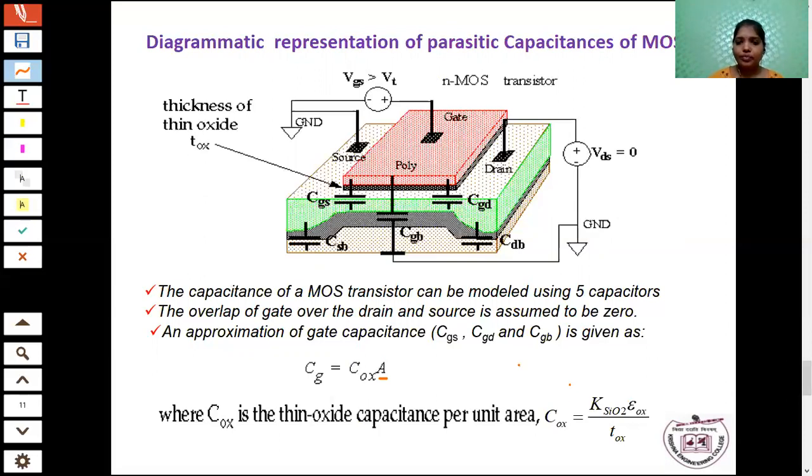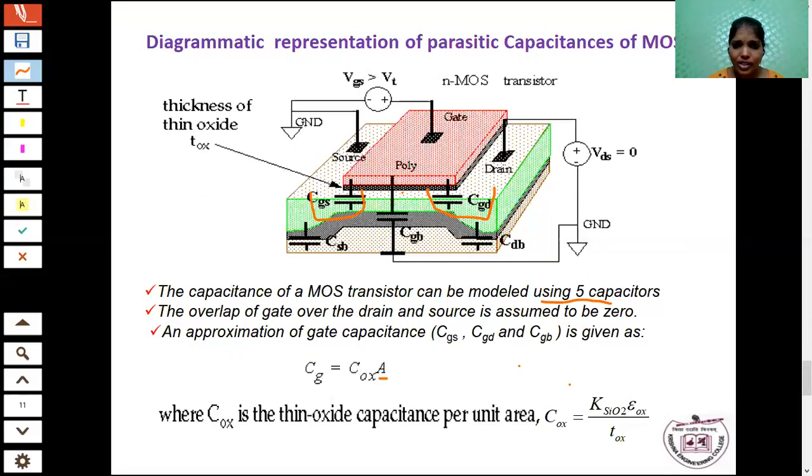Generally the capacitance of a MOS transistor is modeled using 5 capacitors. The overlap between gate and drain and between gate and source is assumed to be 0. That overlap is what we call parasitic capacitance. See here, this is the N region, for example in an NMOS transistor.